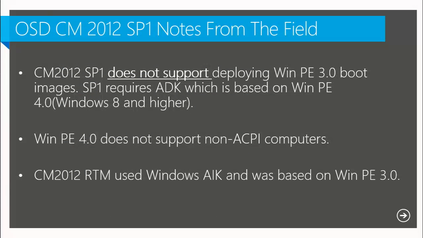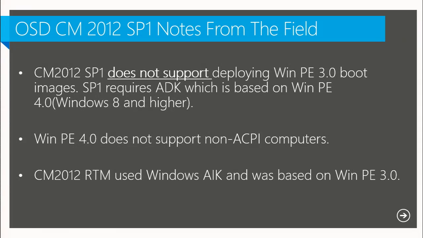So here we go. Let's start with this. Notes from the field with OSD. If you go to SP1, we no longer support WinPE 3.0 because in SP1, we get rid of the WAIK and we install the ADK, and now it's based on WinPE 4.0.